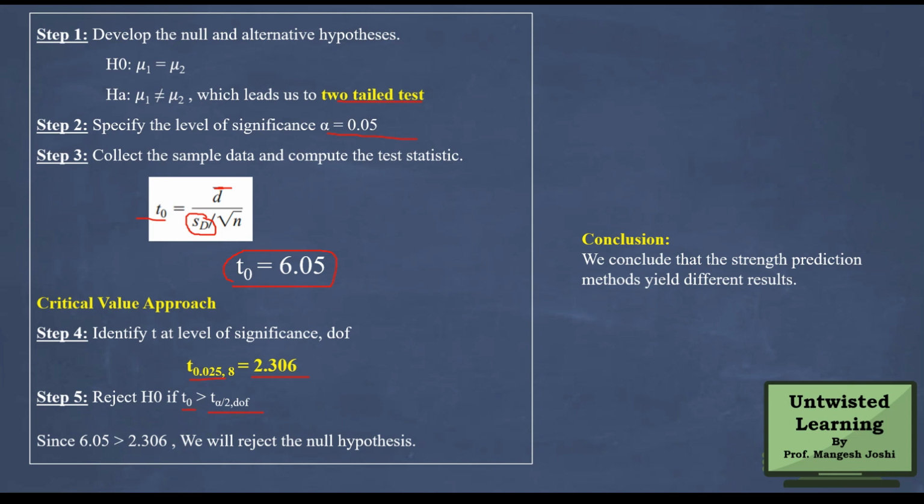So since 6.05 is greater than 2.306, we will reject the null hypothesis. And hence we conclude that the strength prediction methods yield different results, because this is our alternate hypothesis. In this way, the problems related to dependent samples can be solved.